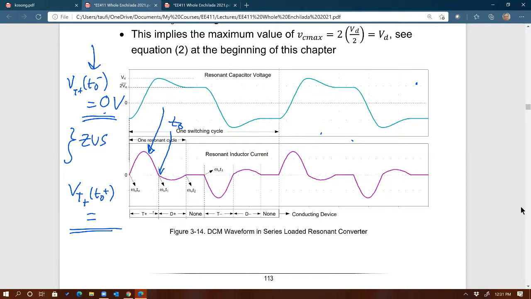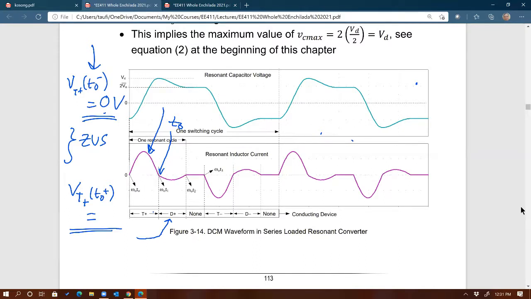Take a look at what's conducting right after T plus turns off. You see from here that D plus is conducting right after T plus, right? So D plus takes over the current after T plus. You all agree with that? So there's a transfer of current from T plus to D plus.